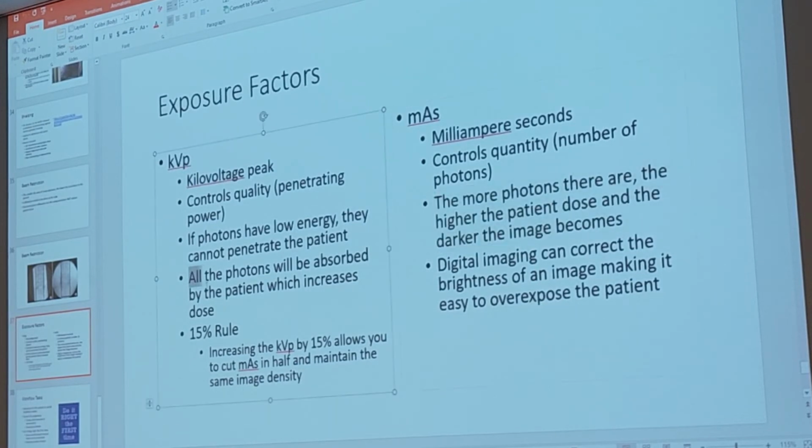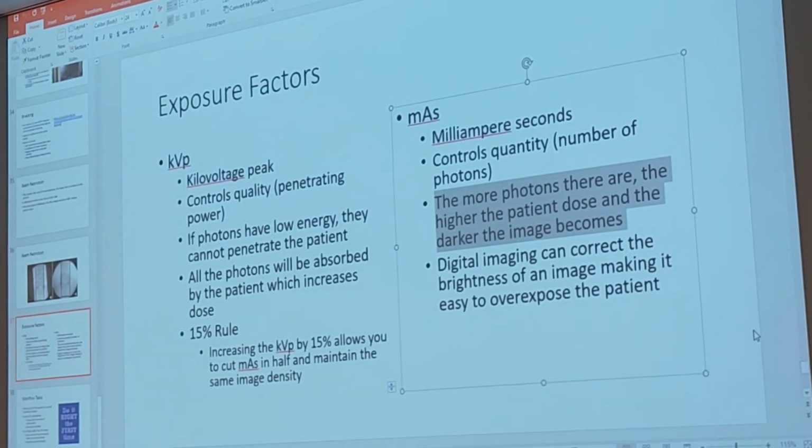On this side, the higher energy those X-rays are, the easier they will pass through the patient. They're going to get less absorbed. So increasing kVp actually can help you reduce dose. But mass is your main controlling factor. If you adjust mass, you are adjusting the dose.